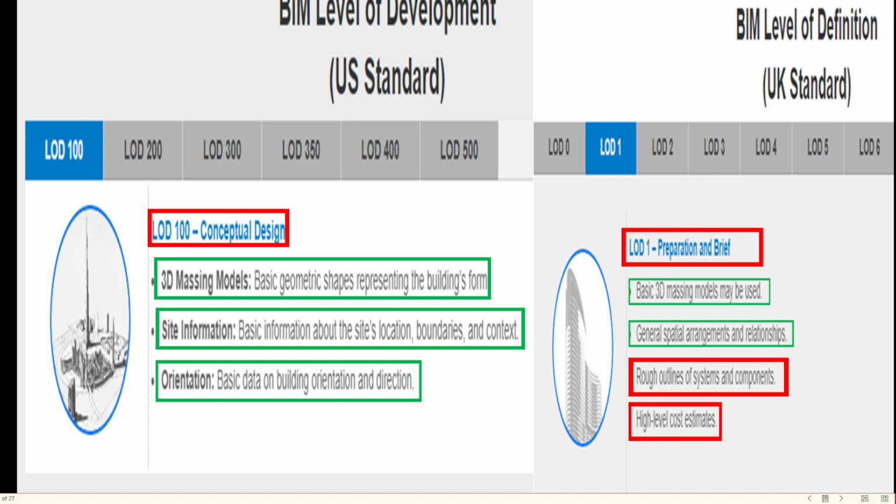A 3D mass model, basic geometric shapes, and location information considered as the location of the area, its boundaries, context, and building orientation, and spatial arrangement and relationships are available in both standards. Rough outlines of the system and components and high-level cost estimates are only included in the UK standard.